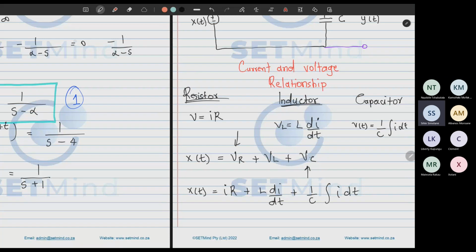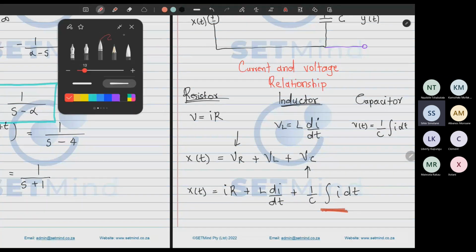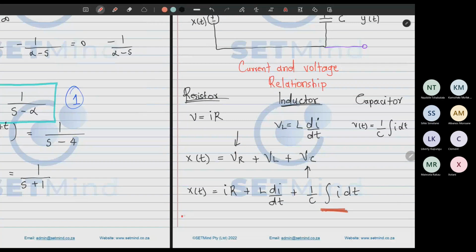Now, this looks like a differential equation. The only difference is we now have an integral. And how you remove an integral is by differentiating. So which means now what we need to do is to differentiate the left-hand side and also the right-hand side. And the reason is simple.